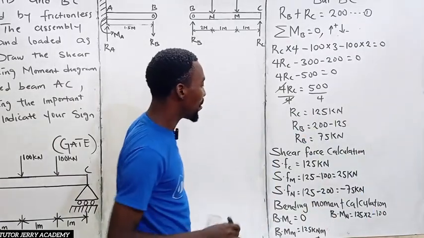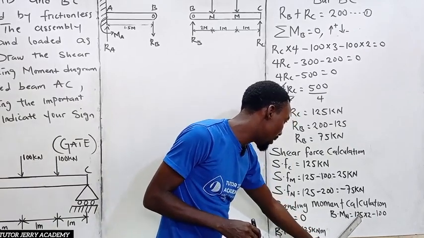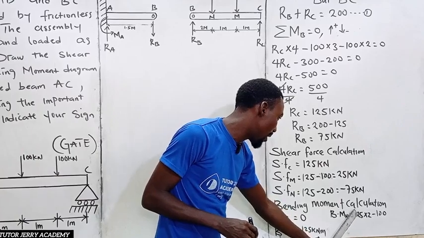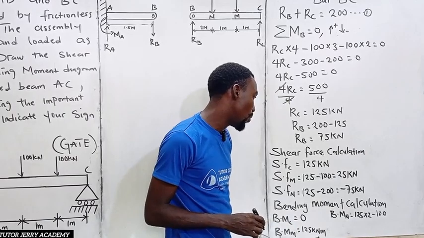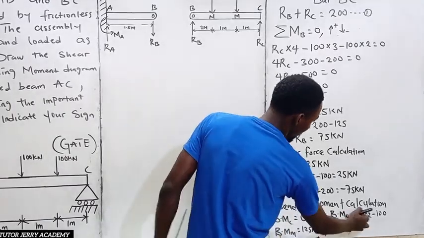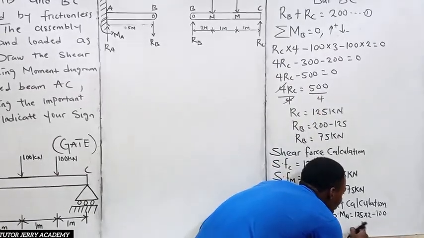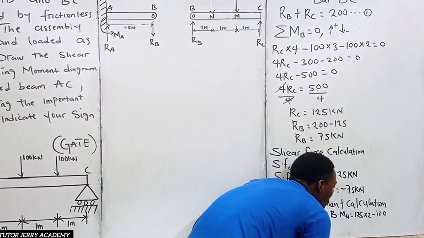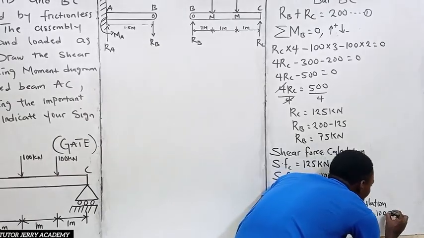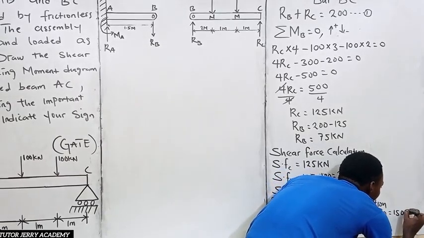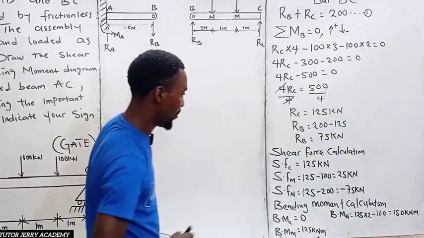And then 125 multiplied by 2 is nothing but 250, right? 250. So 250 minus 100, that is 150. So here we are going to have 150 kilonewton meter. Alright, that is it.